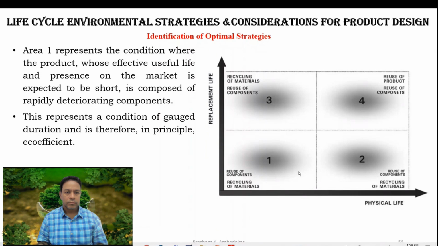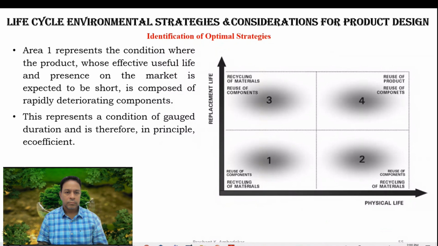Let us consider an example of a toy. Any child will use a toy for a maximum of 6 months. So it has to be manufactured with such a material, thin material, maybe low cost plastic or low quality material, such that it should last only for 6 months. Okay, so it has to be properly gauged.